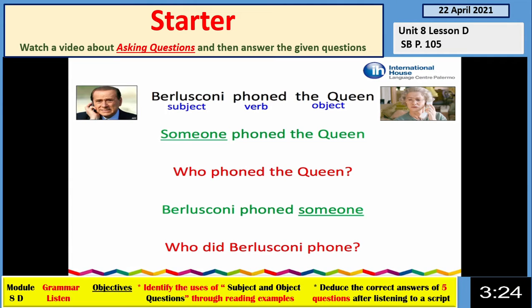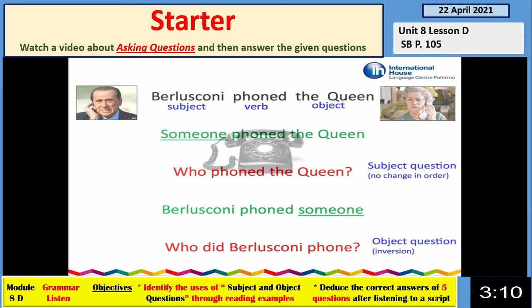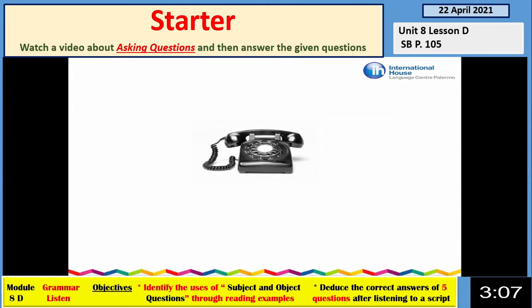So, with a question about the subject, there's no auxiliary verb and no change in order in the question, but with an object question, there's inversion and we need the auxiliary verb. So, time to practice.